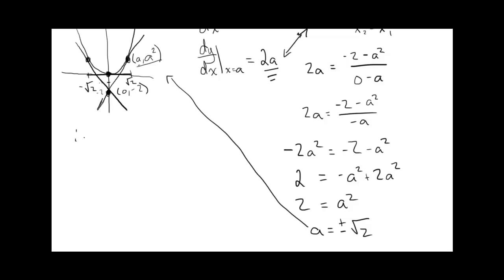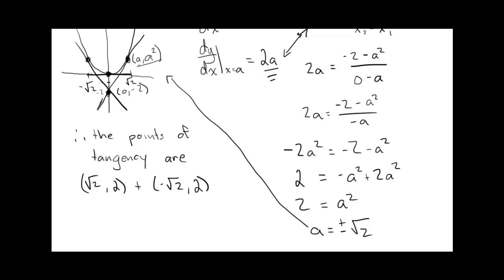So therefore the points of tangency are, so the one was root 2, and what would y have been? Well, it was root 2 squared, which is just 2, and the other one would have been negative root 2, and then negative root 2 squared is also 2.